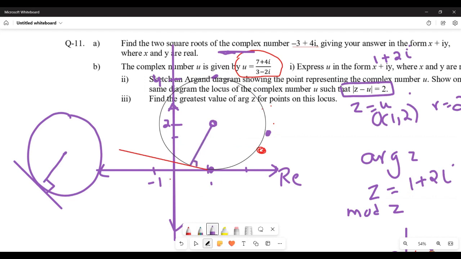Secondly, I know the length of the radius because it's 2 already known, so that length is 2. Okay.